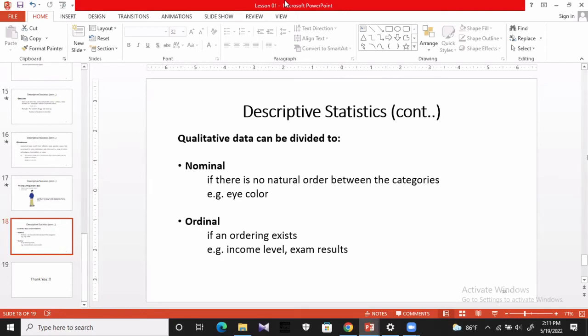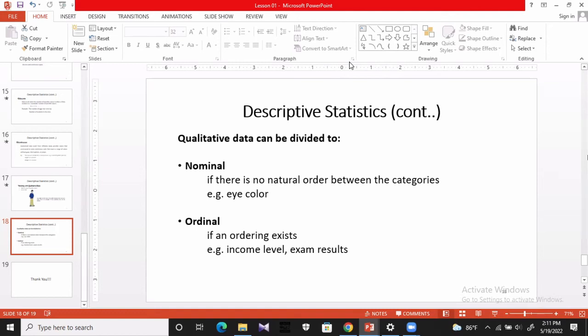Understand? So if I ask you, what is your favorite sport? My favorite sport is carom. It can be either football, netball, cricket, right? So those are qualitative data. Can we order those qualitative data, your favorite sport? No, we cannot order them. Therefore, it's a nominal data.